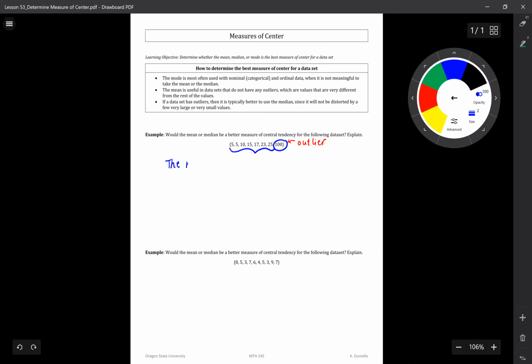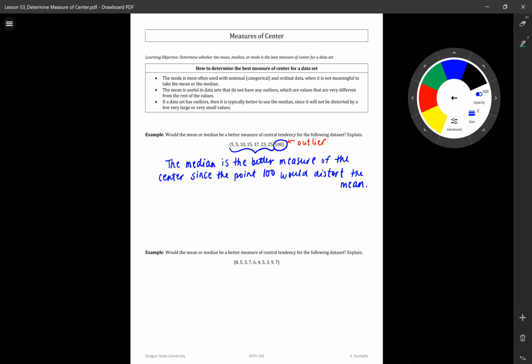So the median is the better measure of the center, since the point 100 would distort my mean. So when I have an outlier, it's most effective to use the median.